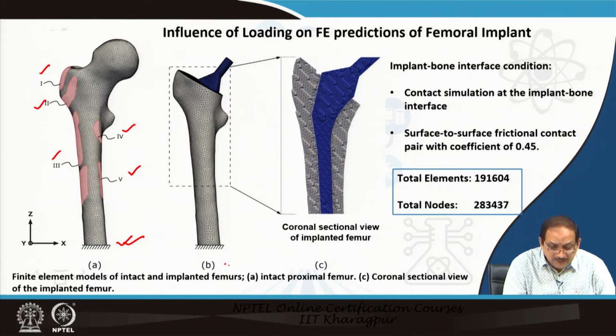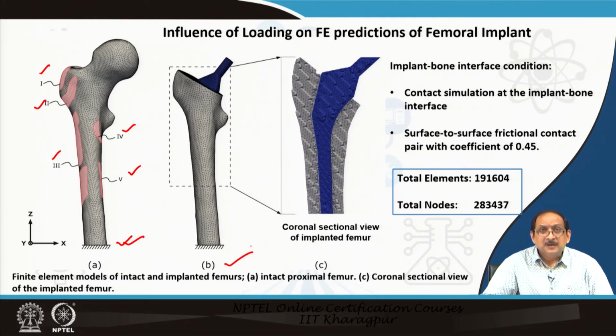Now, figure B presents the implanted femur and figure C presents the coronal section of the implanted femur with the implant clearly visible inside the bone. The implant-bone interface condition is presented here in the slide.